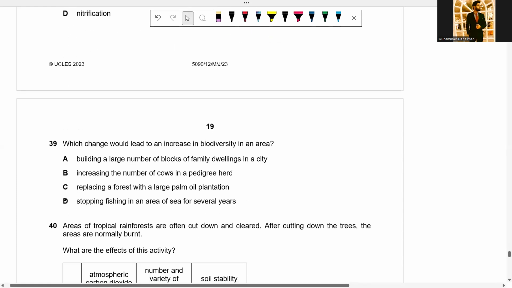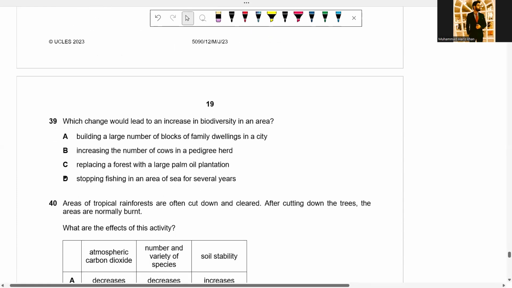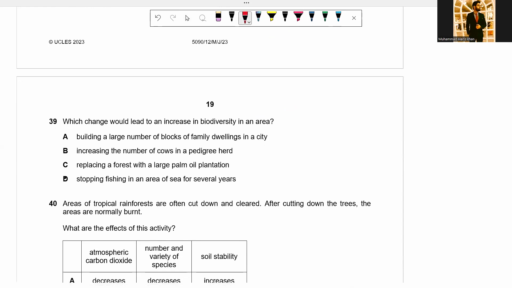Question number 39. Which change would lead to an increase in the biodiversity in an ecosystem? Option A, building a large number of blocks of family dwellings in the city. Option B, increasing the number of cows in a pedigree herd. No, if we increase the number of cows, then this will not be biodiversity. In biodiversity, we have different species located in the same place and time, so different populations must be there for the biodiversity.